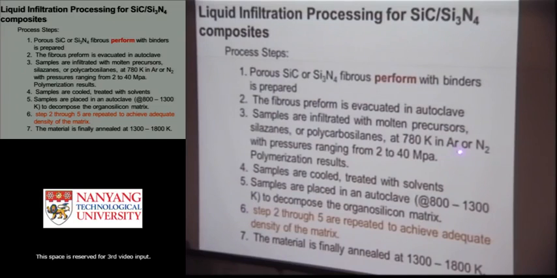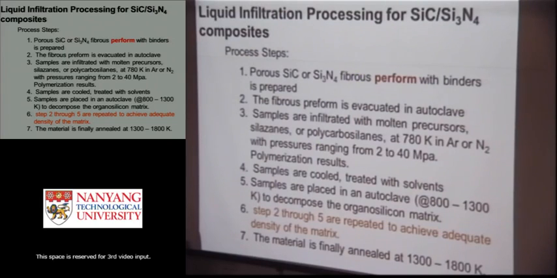So in this case, you apply pressure and squeeze it in. But do remember that all this is an organic precursor, so we still have organic species on the surface. So what do we do? We put it in an autoclave, heat it to a certain temperature, and pyrolyze it. All the organic species will be decomposed and eventually become silicon carbide or silicon nitride.